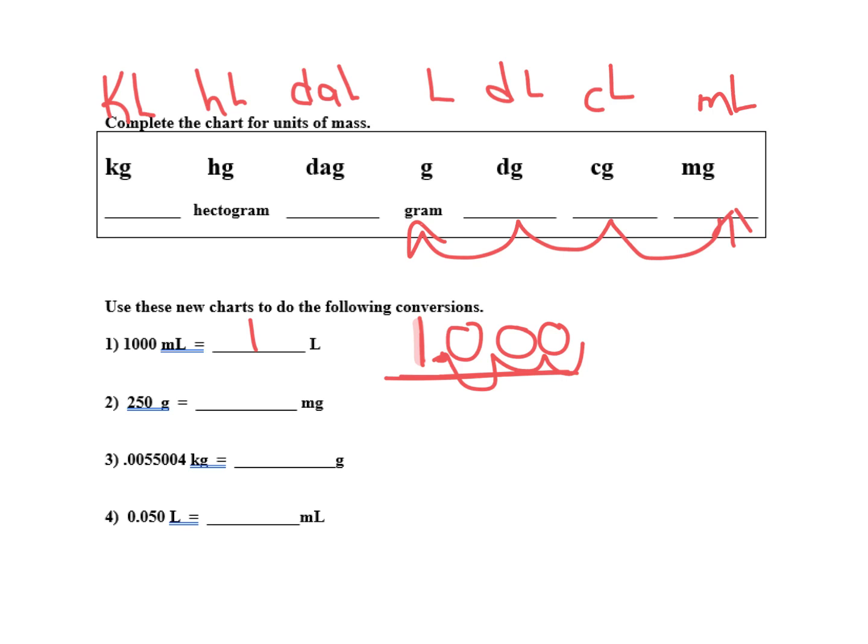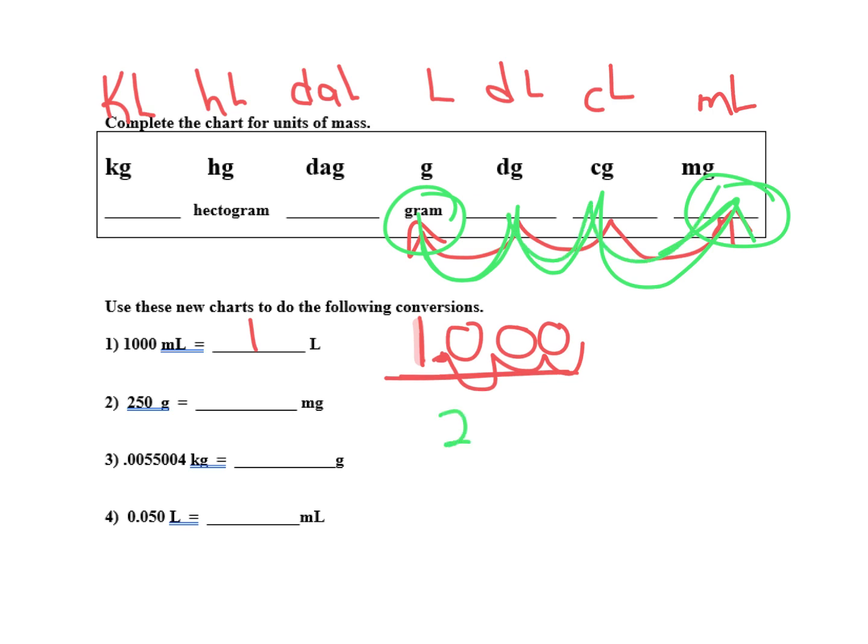So the next one, 250 grams, that means we're starting here, and we want to convert to milligrams, which is here. I'm going to move my decimal to the left 1, 2, 3 times. 3 times to the left, from gram to milligram.